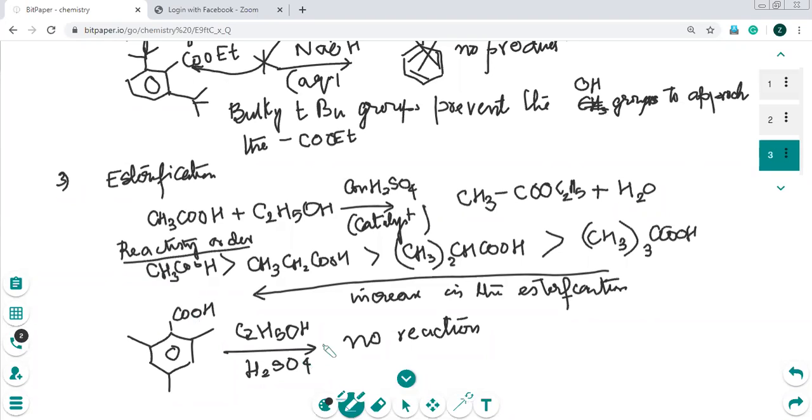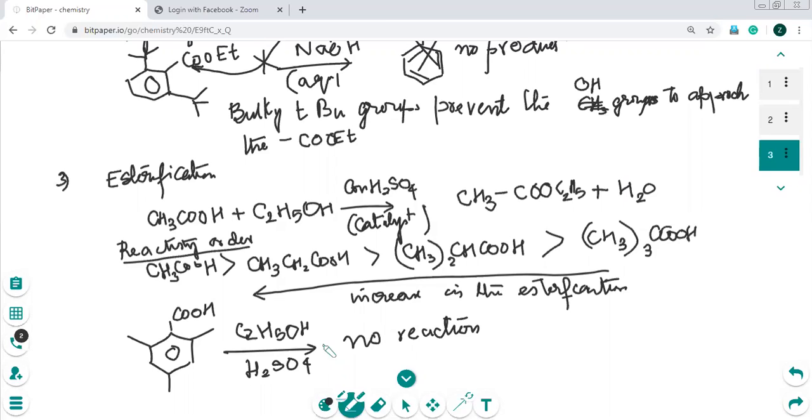The stability of carbonium ion, carbanion, and free radicals are affected by resonance effect, inductive effect, hyperconjugation, and steric effect.